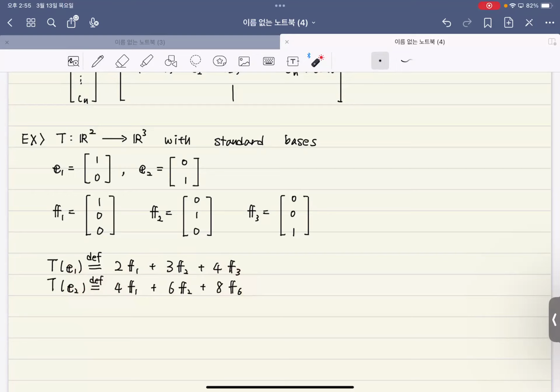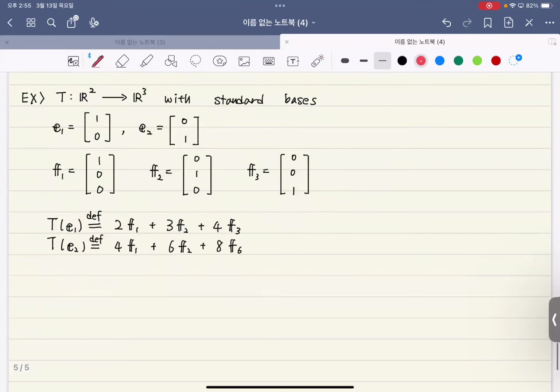Now, what is the matrix representation of this linear transformation with respect to these bases? That is very easy.